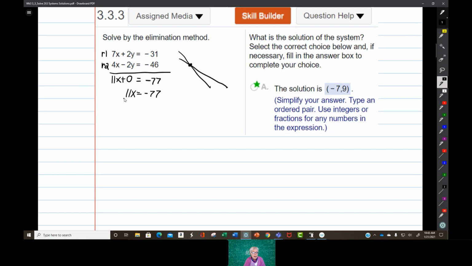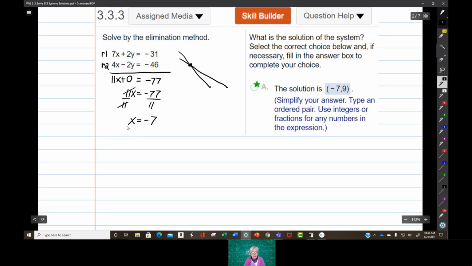Now to solve for x, I divide by 11. The 11s cancel out, leaving me with x on the left. And on the right, I have negative 77 divided by 11, and that's negative 7.